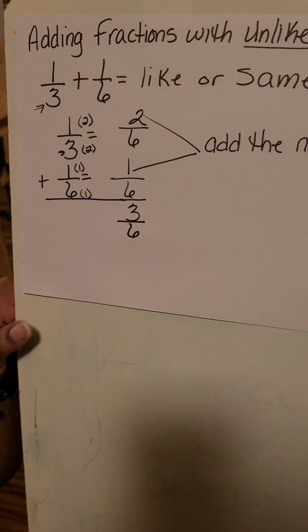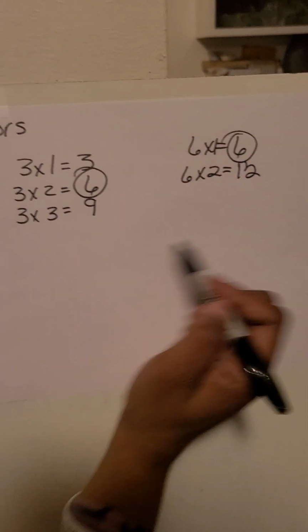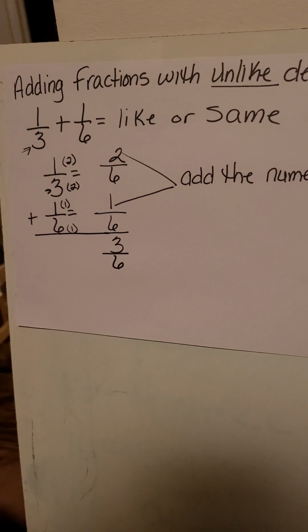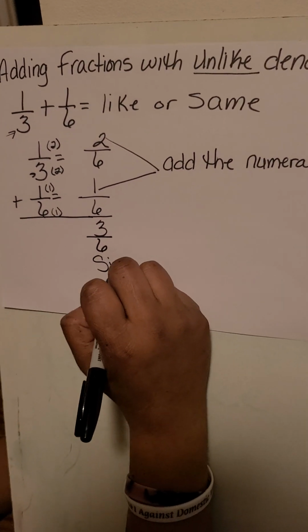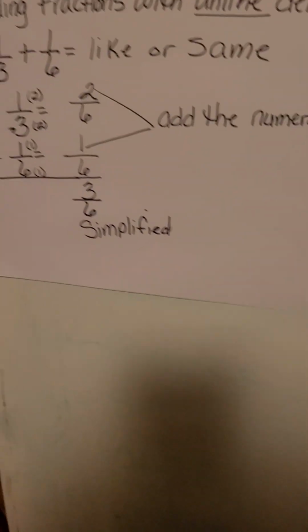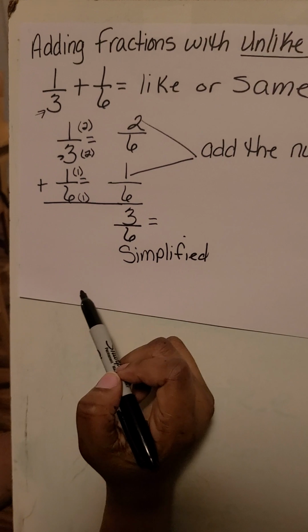I would like to say we're finished. However, remember when we were over here, we found some like numbers? That means that 3 and 6 can be simplified, broken down into a smaller fraction. 3 goes into 3.